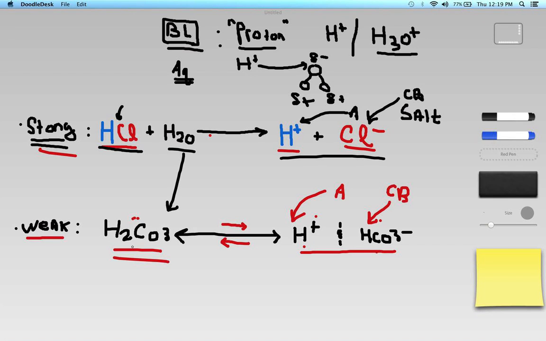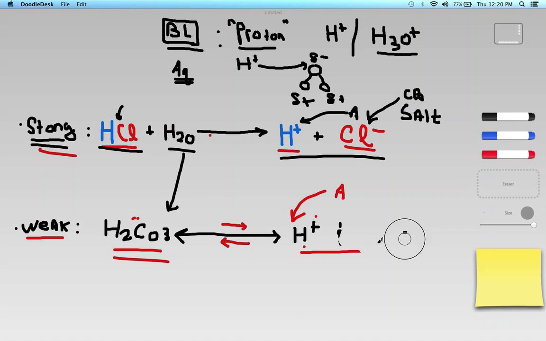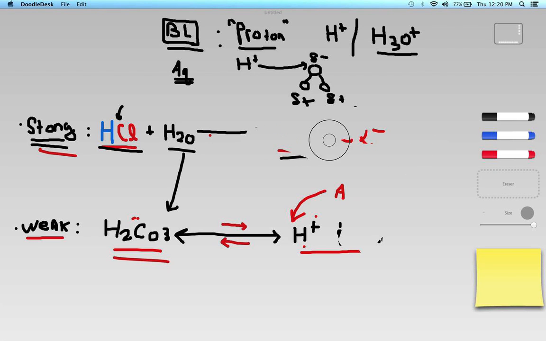There's a certain amount of it that can remain in its quote-unquote original form, if you will. So those are the two big differences between a strong and a weak acid. That's kind of the basic setup, just some basic information about what acids are, at least how I'll define an acid for this discussion.